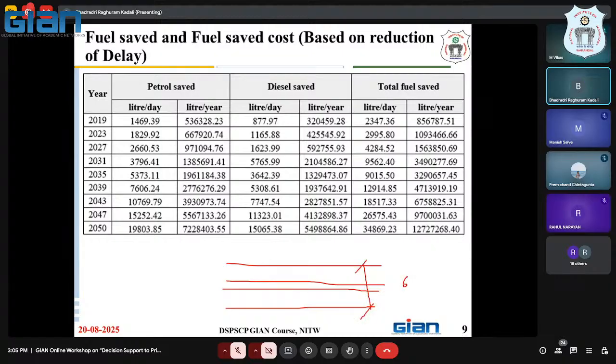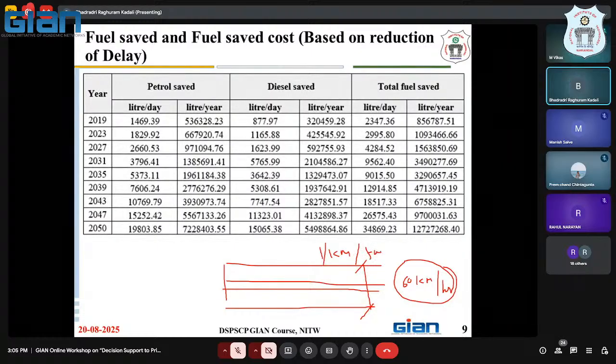So when you're traveling at 60 kilometers per hour from the 0 kilometer to the 1 kilometer, we can expect what is the average fuel consumed per 1 kilometer. So this value can be estimated indirectly.